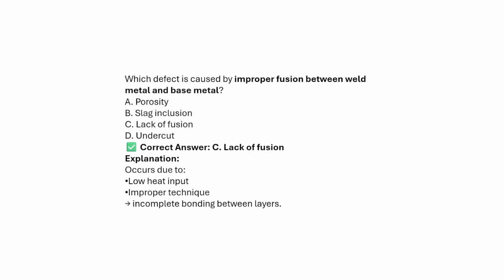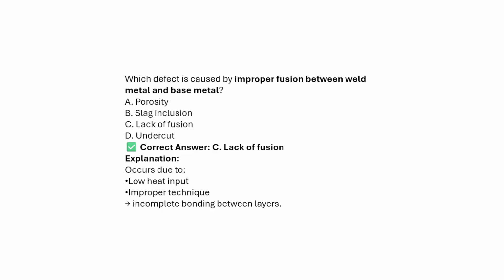Which defect is caused by improper fusion between the weld metal and the base material? Option A porosity, option B slag inclusion, option C lack of fusion, option D undercut. So the correct answer will be lack of fusion.